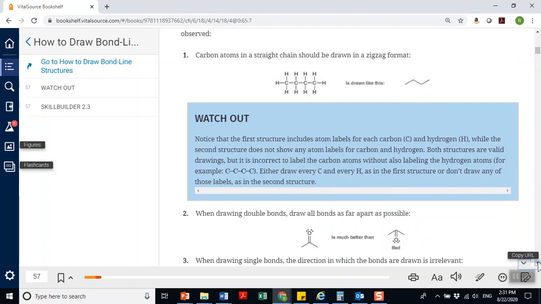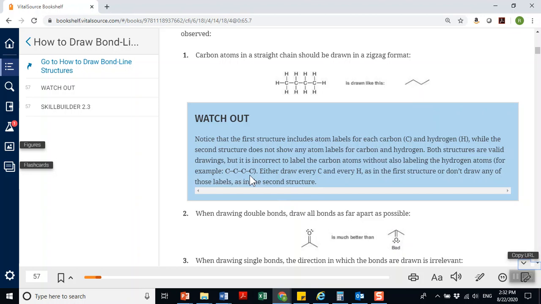One thing that students will often do, and this is the little watch out down here, is to try to combine the different ways of drawing Lewis structures with the skeletal or bond line structures, and try to avoid doing that. Students will sometimes just write C, C, C, C with the bonds between.